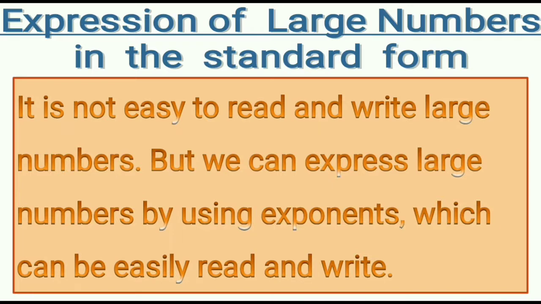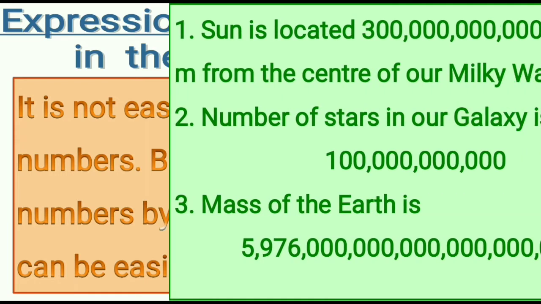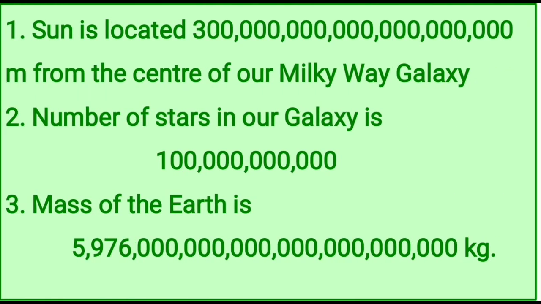Expression of large numbers in the standard form. It is not easy to read and write large numbers, but we can express large numbers by using exponents, which can be easily read and written. For example, Sun is located dash meter from the center of our Milky Way galaxy.